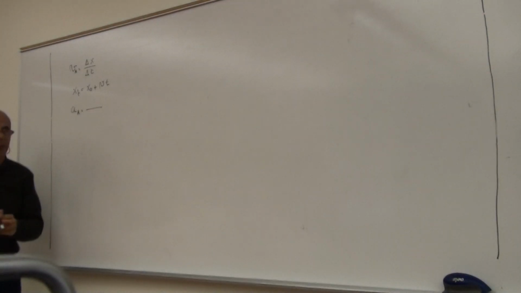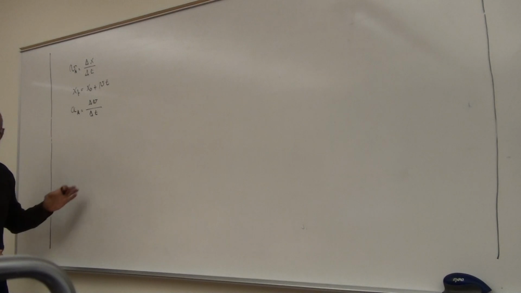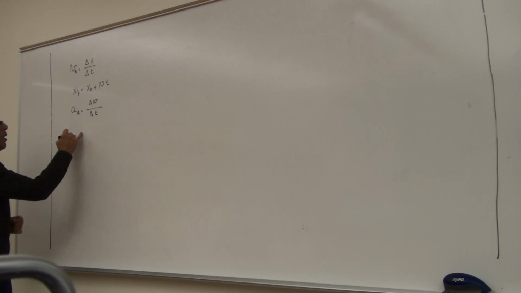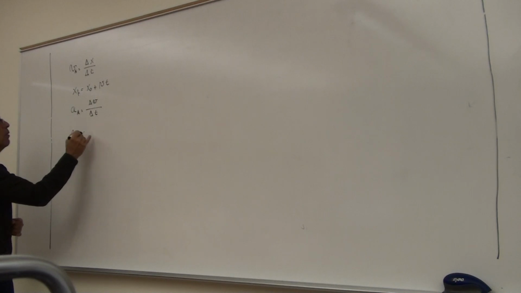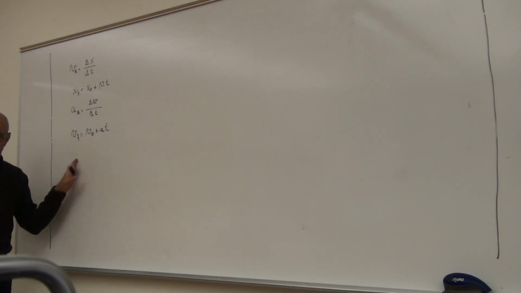And acceleration is the rate of change of velocity, so it's delta V over delta T. From here, we come up with another equation: V final is going to be V initial plus AT.